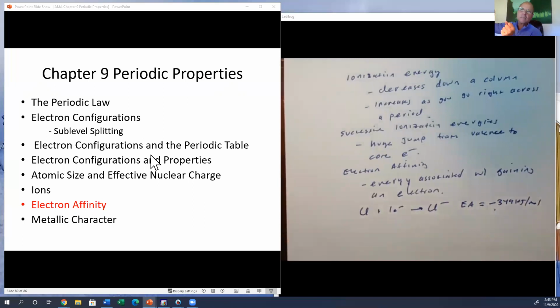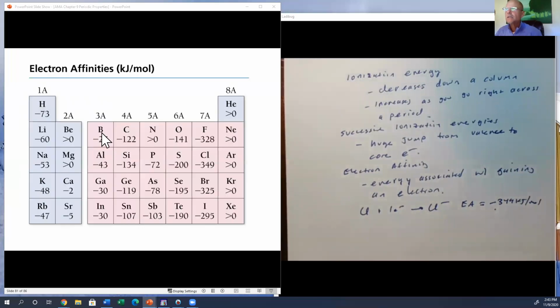Why? Because the electron is attracted to the nucleus, even though there are other electrons there that also repel the electron. It's still negative, still exothermic. But the trend for electron affinity is not as clear as it was for ionization energy. Notice that most of them are negative, just like we expect. But if you look down a column, there's not really much of a trend, and even across a row, the trend is not very smooth.